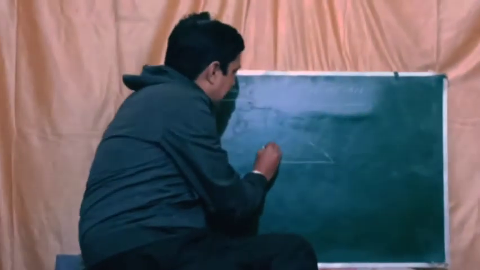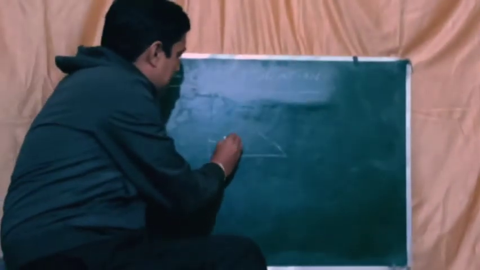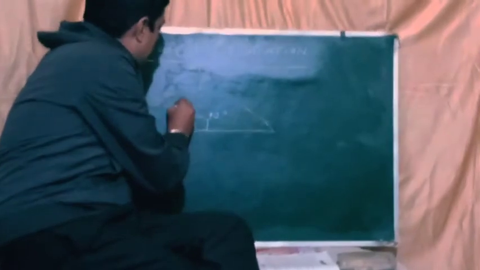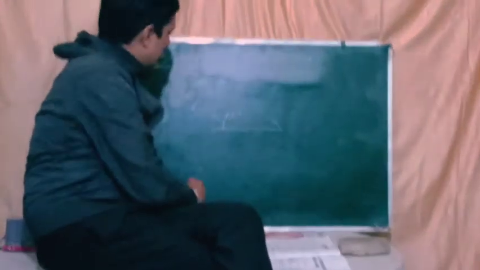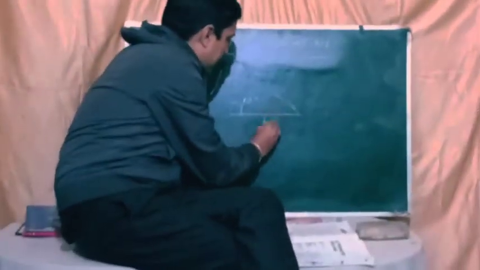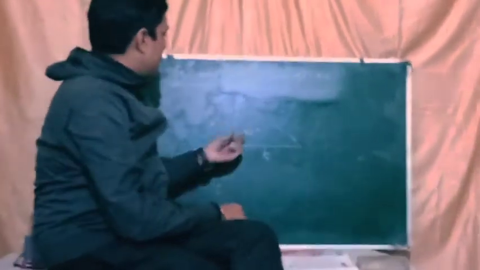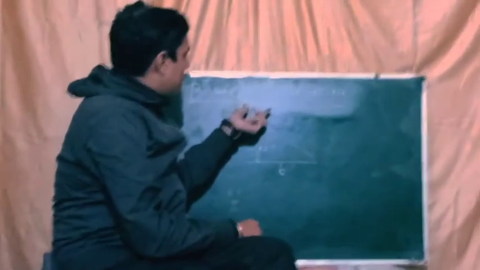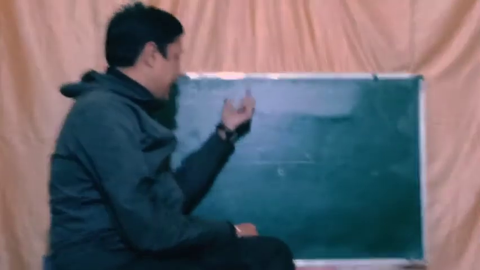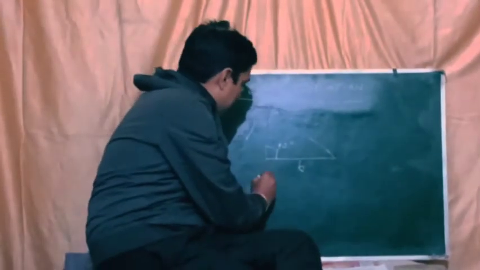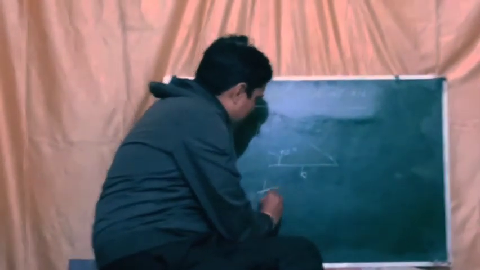So this is a right angle triangle. In a right angle triangle, here it is 90 degree. This is called length. This is breadth. And this is hypotenuse. Right? So in order to calculate the area of this triangle, we will calculate 1 by 2.